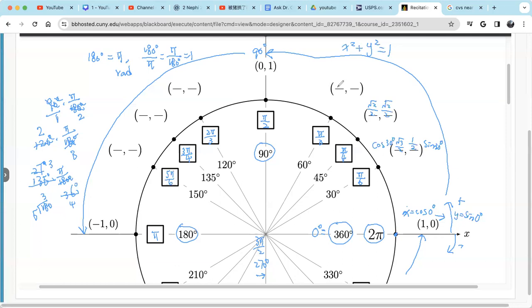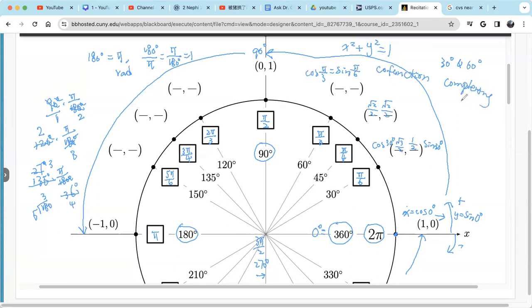Then here we have cosine pi over 3, or cosine 60, which is the same as sine pi over 6, because this is the cofunction. Because 30 degrees, or pi over 6, and 60 degrees, or pi over 3, are complementary angles.